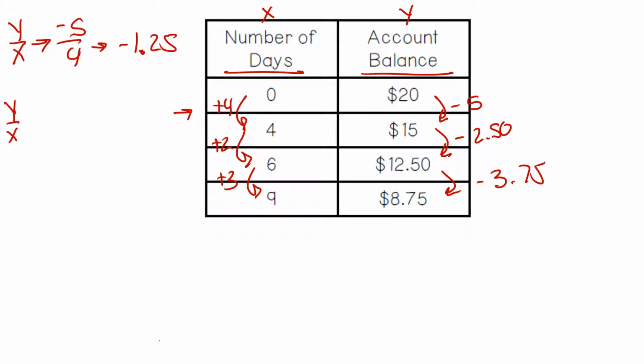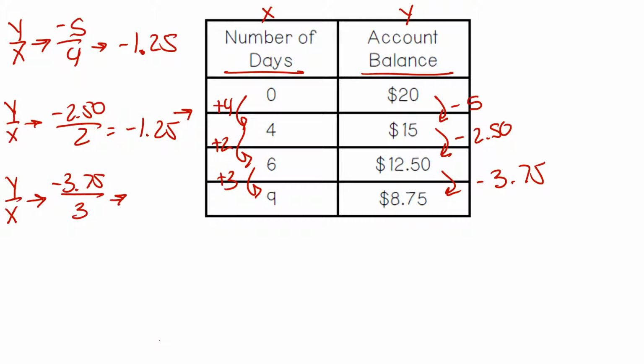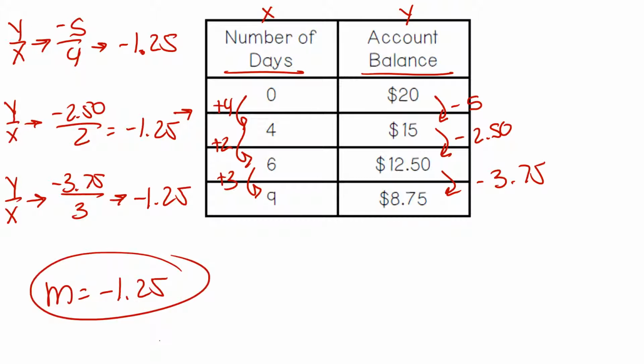If you chose the second grouping, that would be negative 250 over 2, which can be simplified into negative 1.25. Or if you did the third grouping, negative 3.75 over 3, again, would be simplified into 1.25. Regardless, our m value is negative 1.25.